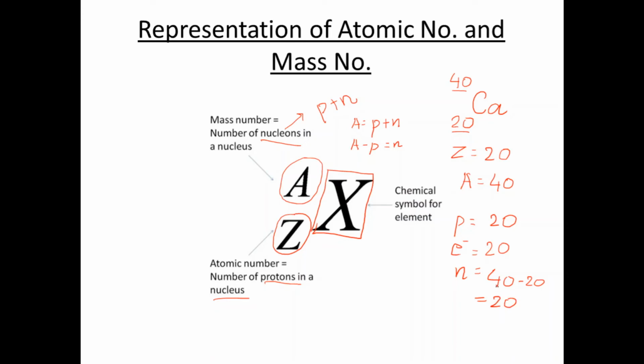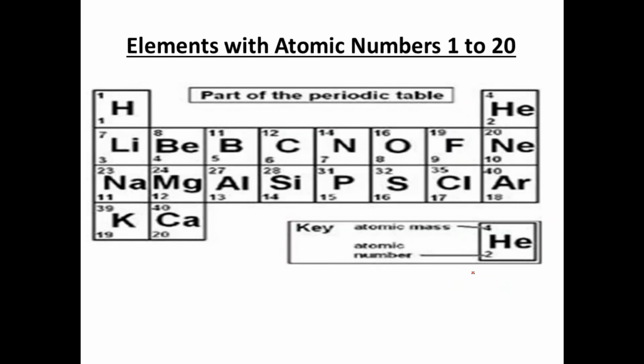I shall be giving you more examples related to this concept. But first we study how many elements you need to remember, in a quick way. You can easily calculate the atomic number and the protons, electrons, neutrons of these particular elements with atomic numbers 1 to 20.